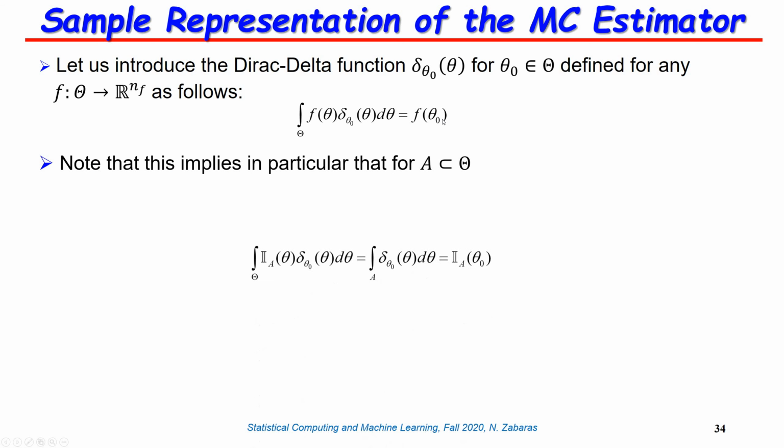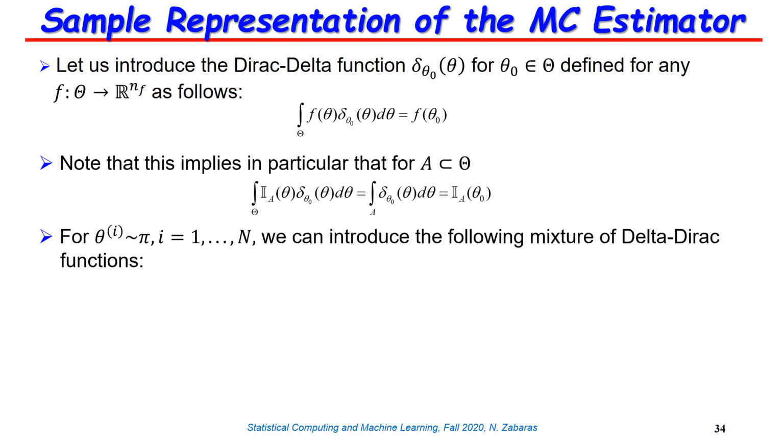What I want to do is start with a mixture of delta functions, each component being a delta function centered on the samples theta i that came out of the distribution pi of theta.